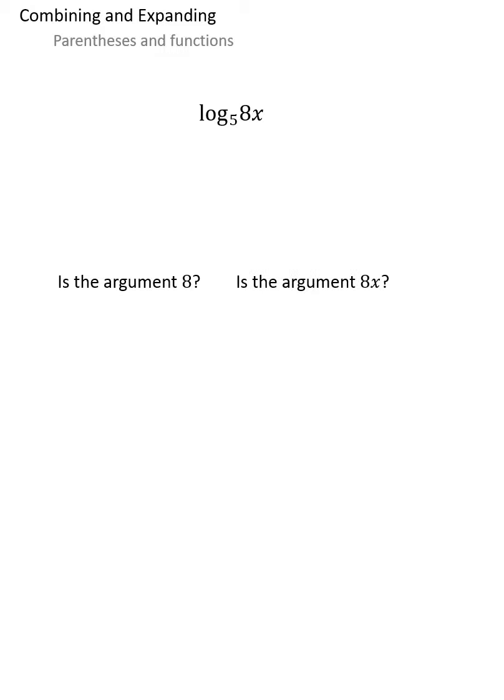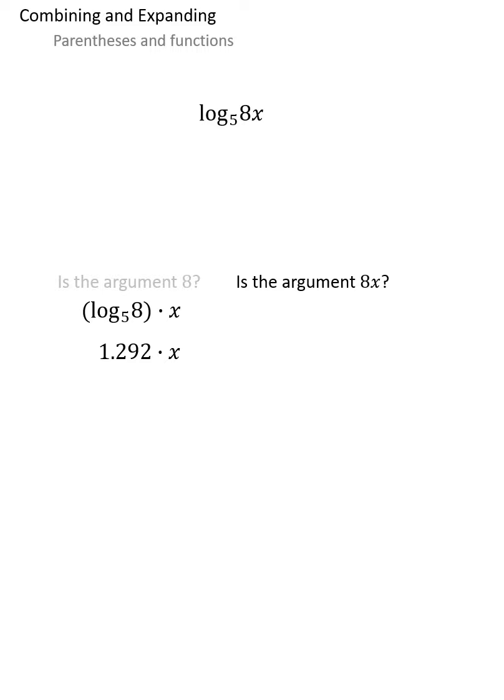And without parentheses, we simply don't know. If they meant the argument to be 8, then they meant this. By the way, log base 5 of 8 works out to be about 1.292. And so if the author's intent was that the argument was 8, then that would be the expression, 1.292x equivalently.